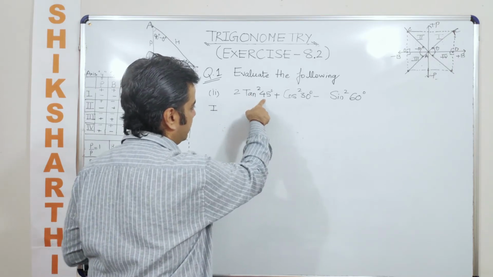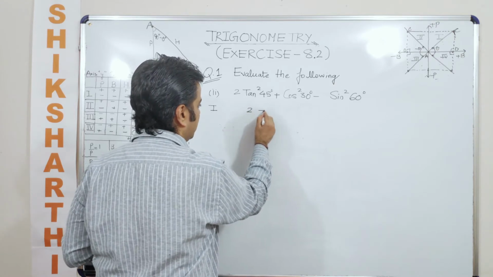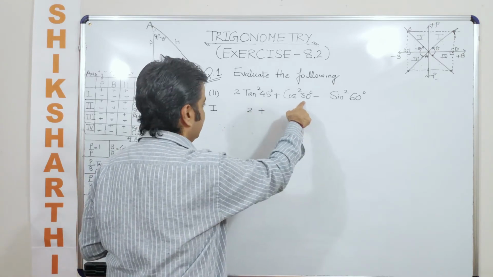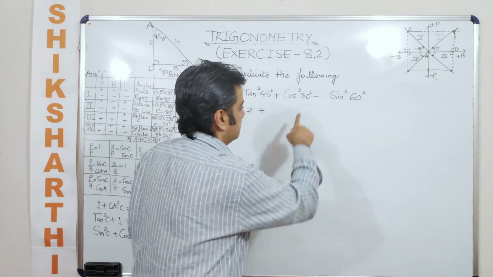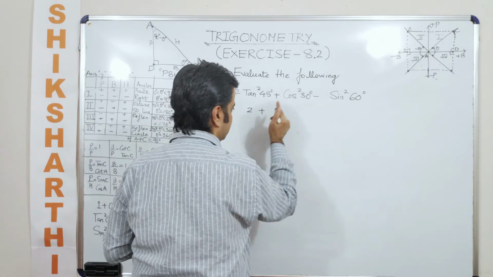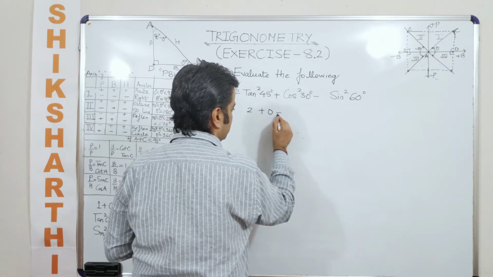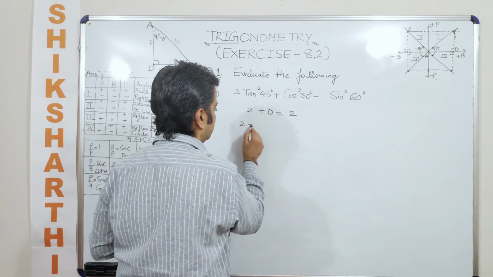How much is tan 45? 1. Tan square 45, again it will be 1. So this is 2 plus, how much is cos square 30? Cos 30 is sin 60. So either I can directly say sin squared 60 minus sin squared 60 is equal to 0. So I get the value as 2.